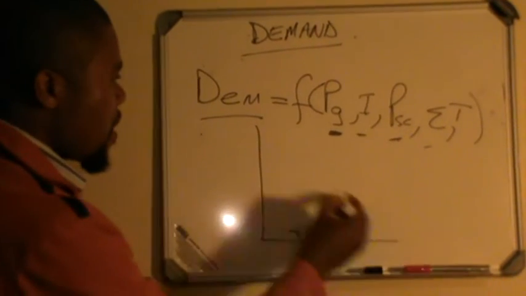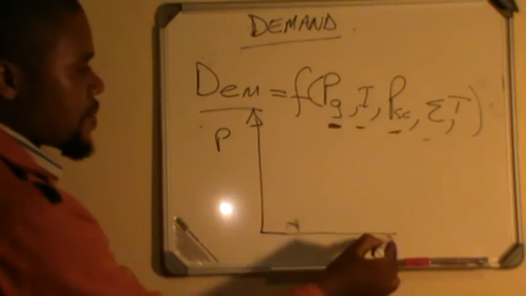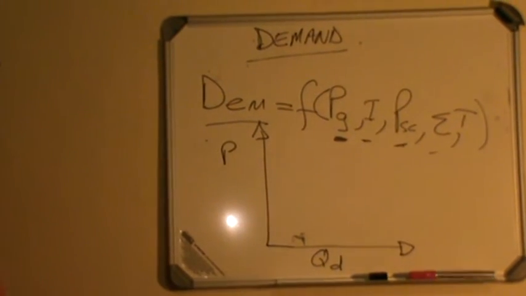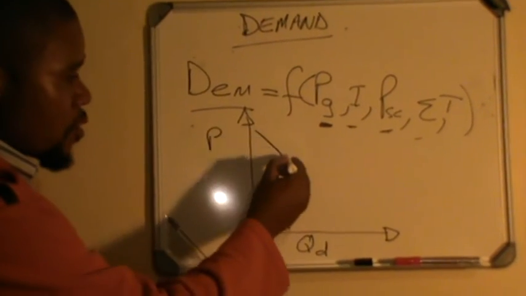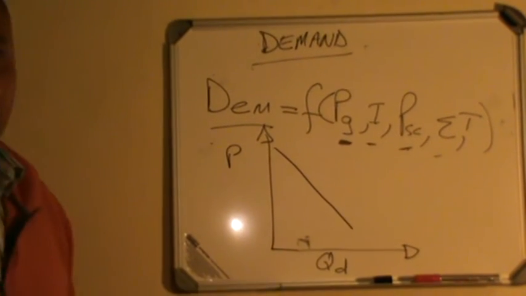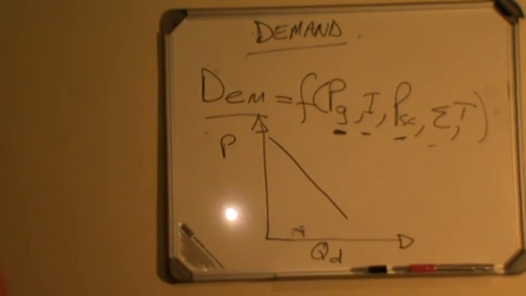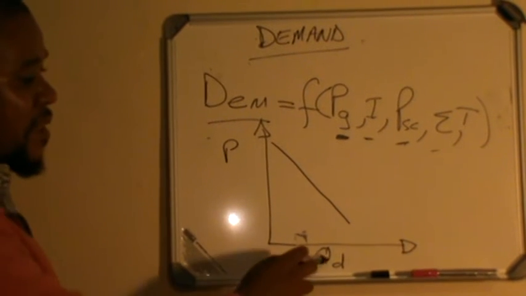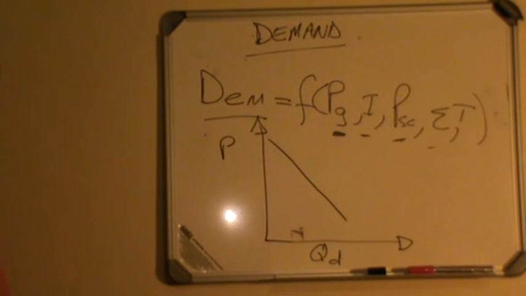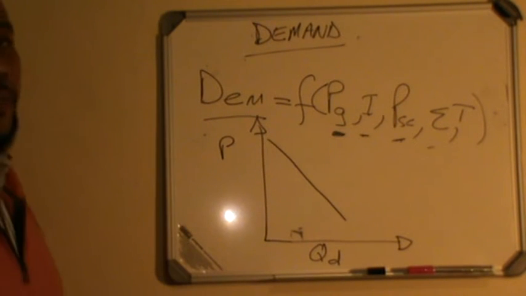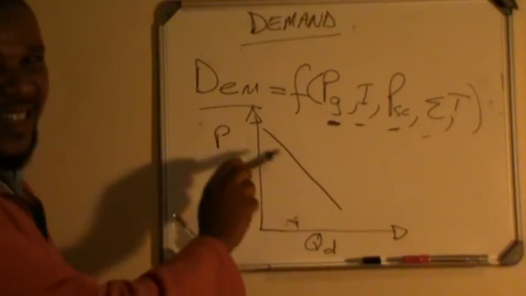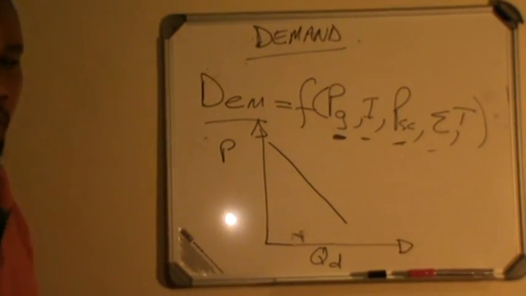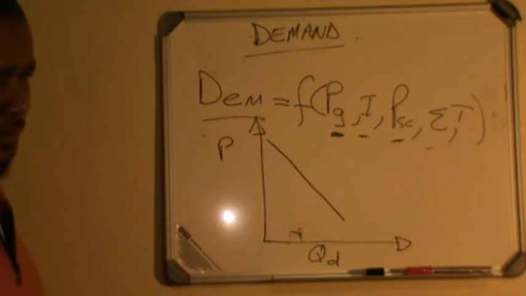If this was price, and this was the quantity demanded, this is the law of demand: we have a negative relationship between those two variables.